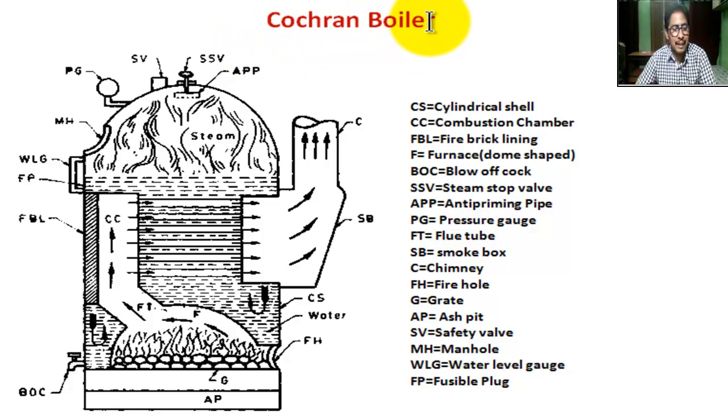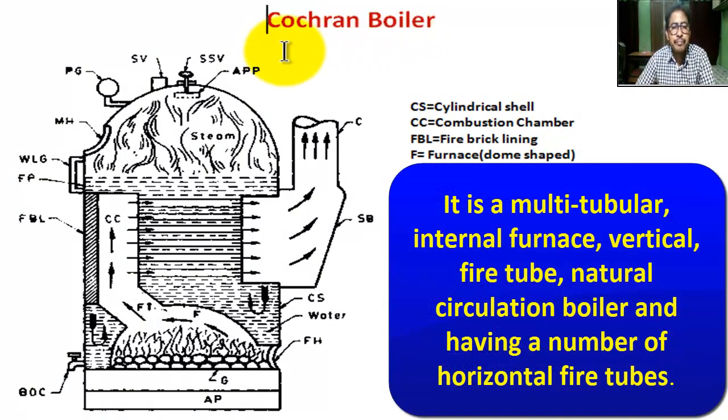Cochran boiler. It is a multi-tubular, internal fire, inside the shell, vertical fire tube, natural circulation boiler.